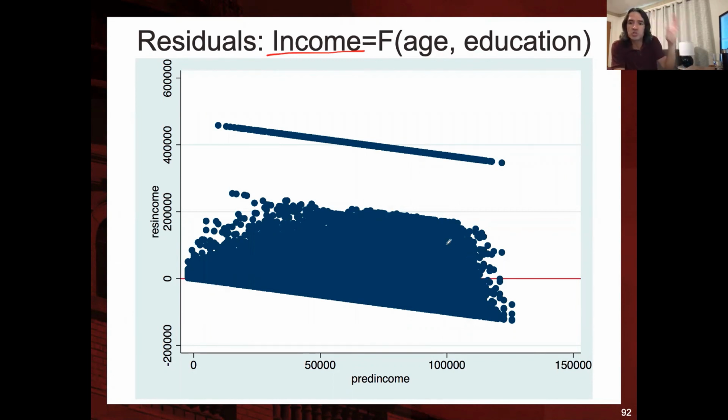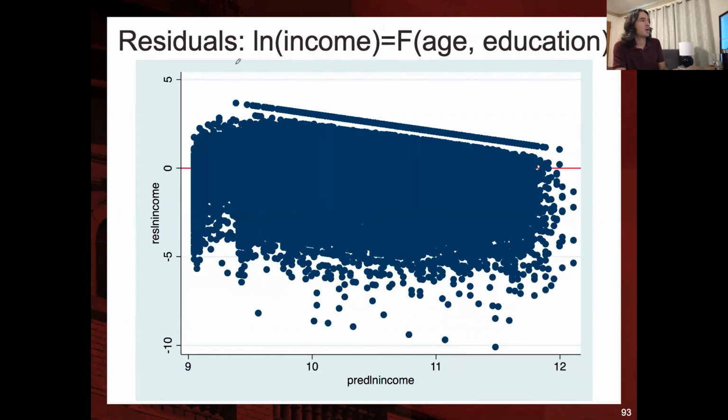They don't have a homogeneous cloud here. So I have an issue of heteroscedasticity. This is the y predicted, and this is the residual. For the regression with log of income, I have a little bit more variation, more homogeneous, but it's still not perfect, okay?